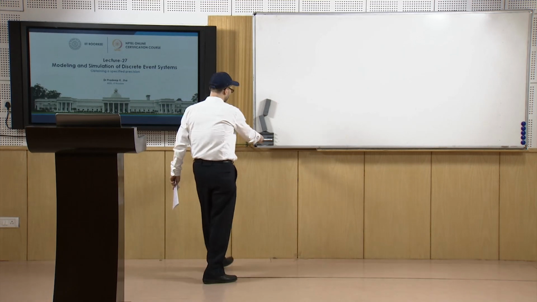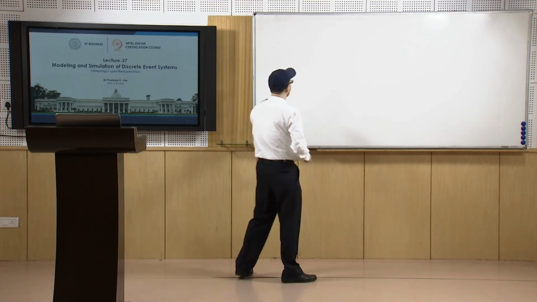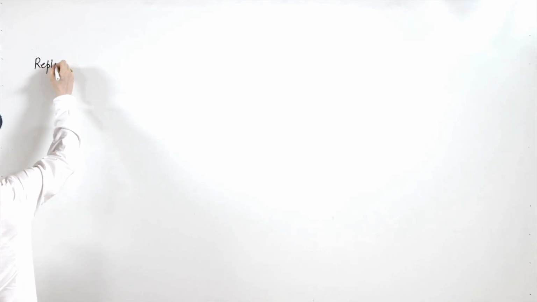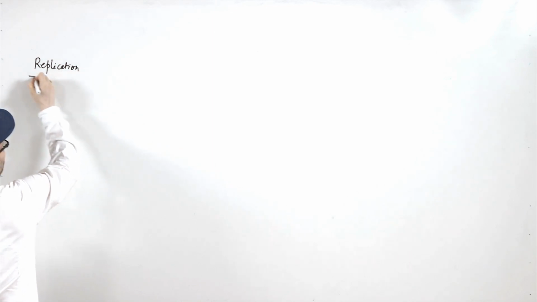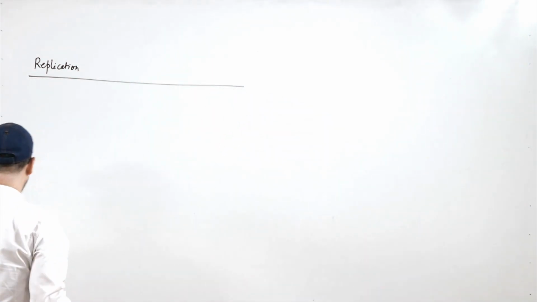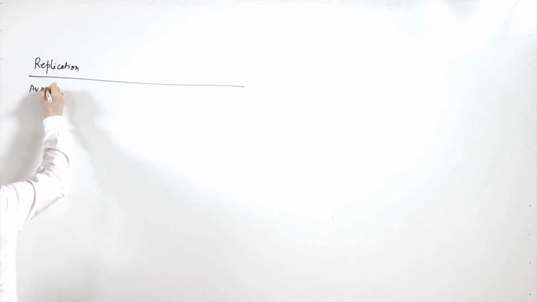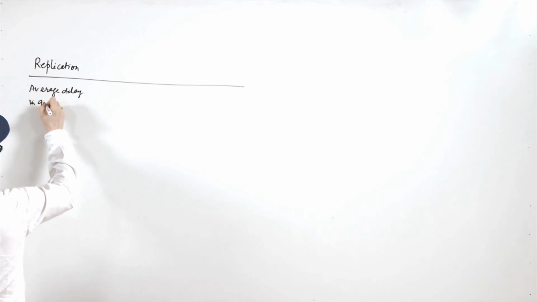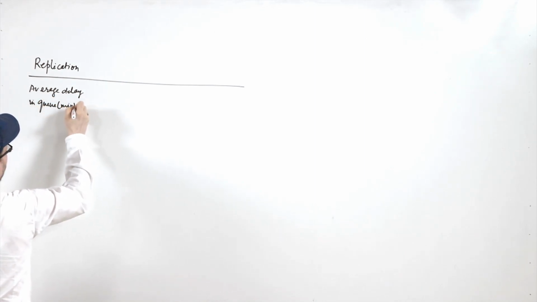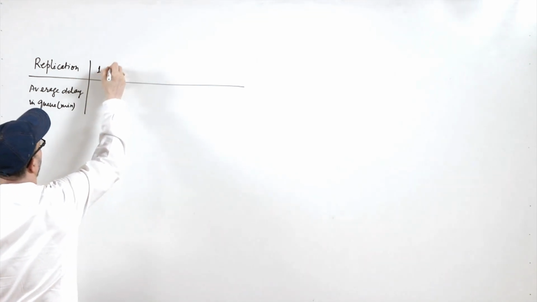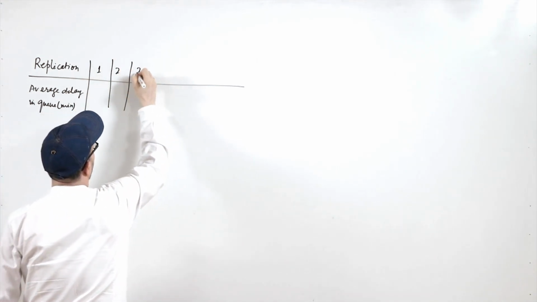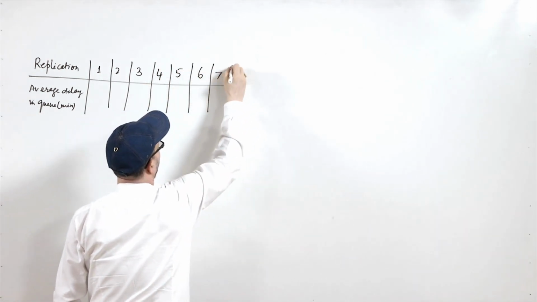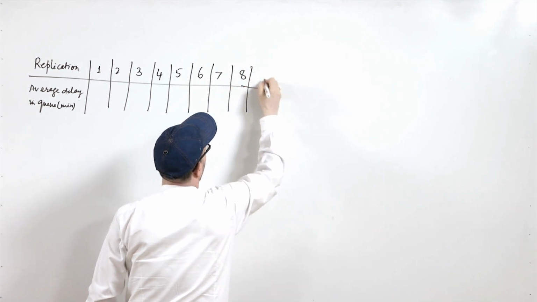So, suppose you are given a bank, and you do different replications, different runs, and in every run you are finding the average delay in queue. It will be in minutes. So, you are doing 10 replications, 1, 2, 3, 4, 5, 6, 7, 8, 9 and 10.